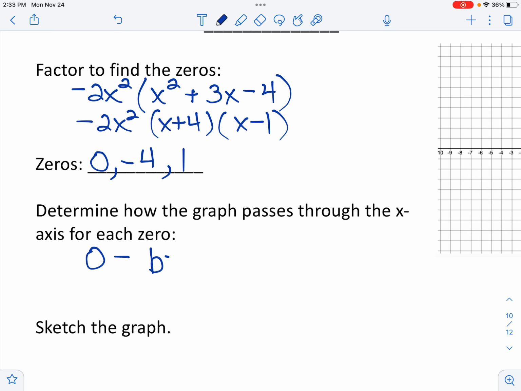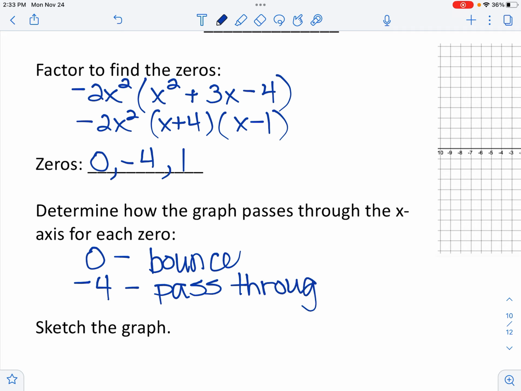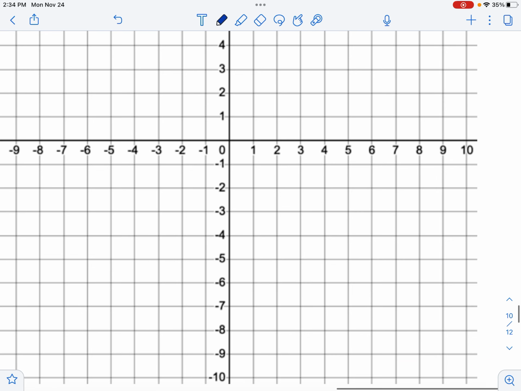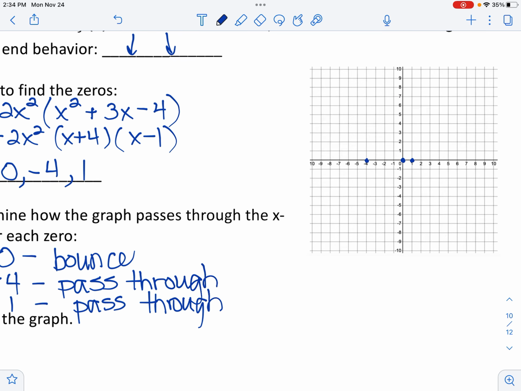So then it bounces. -4 passes through. And so does 1. Okay. So we want to plot those at 0, -4, and 1. Okay.